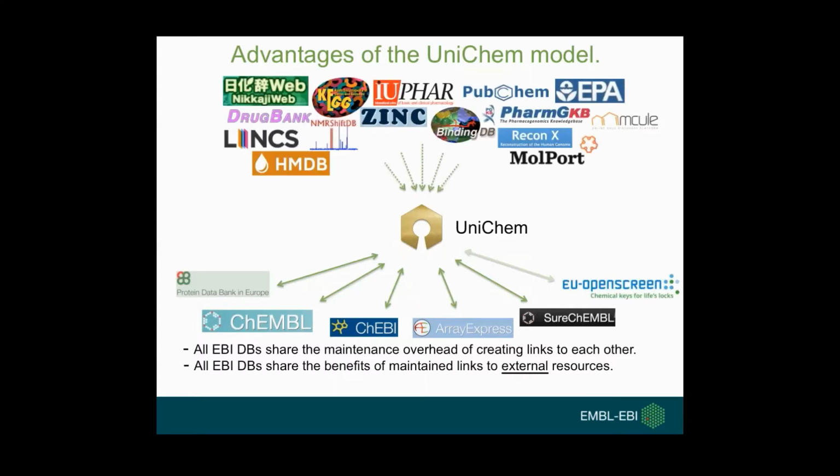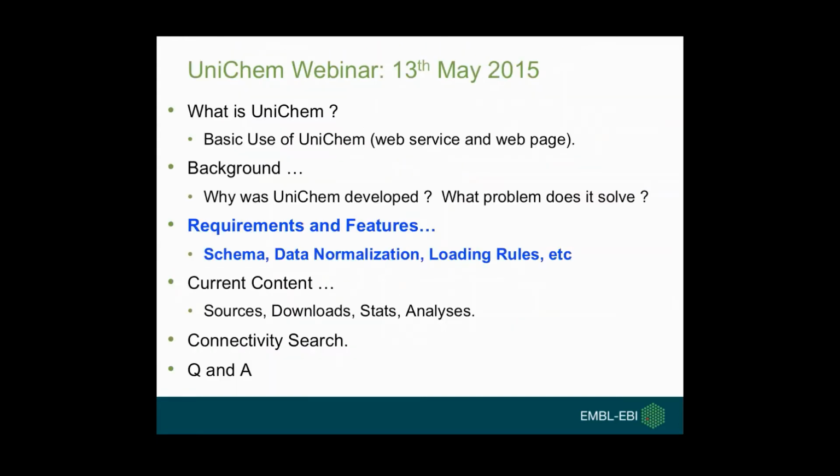We also realized when we'd done this, of course, that it's a very short step then to pull in equivalent data from external sources, which we did. And then another small step to actually make the mapping service open to everybody so that everybody can take advantage of this linking process.